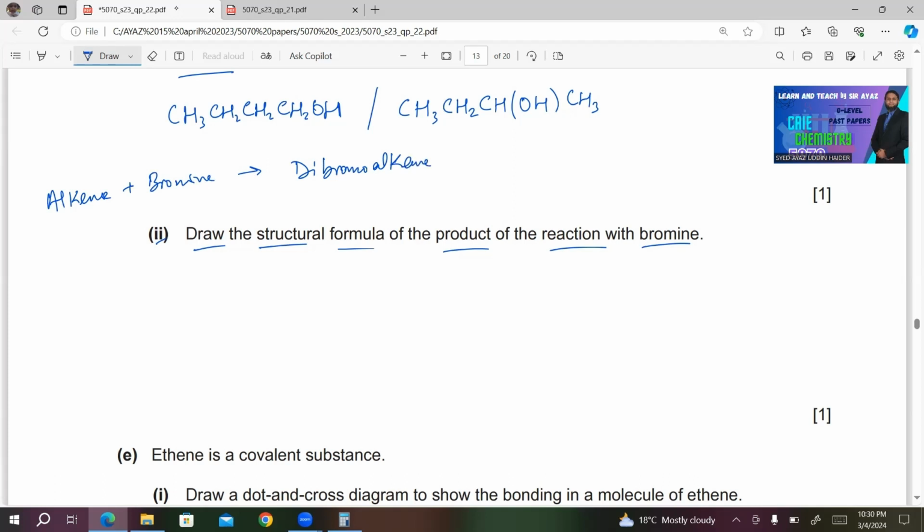So here we are having but-1-ene. So 2 bromine atoms will be added to carbon 1 and carbon 2. So the structural formula will be CH3, CH2, CHBr, CH2Br.